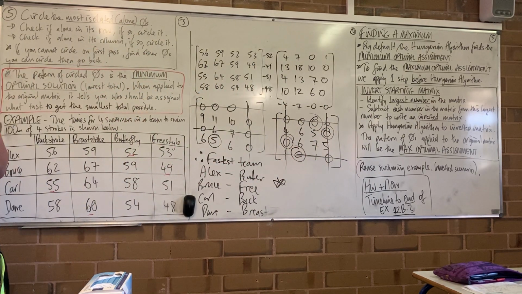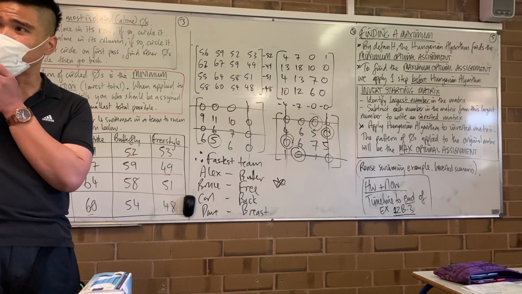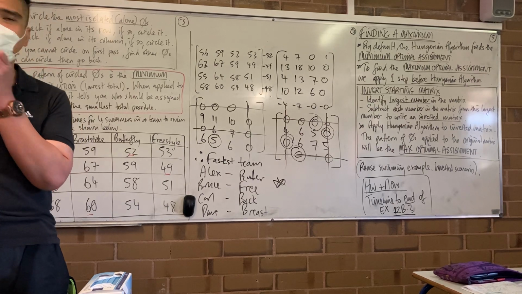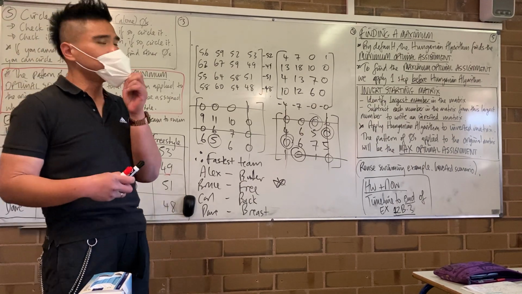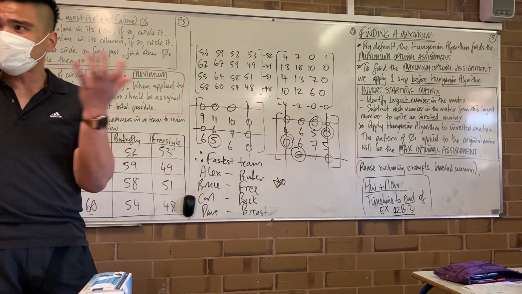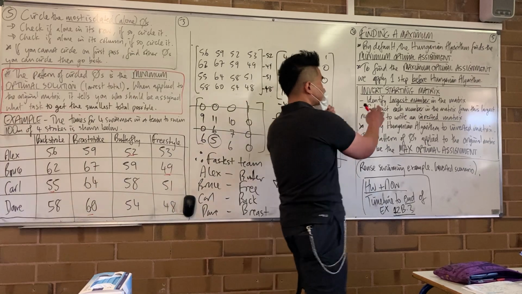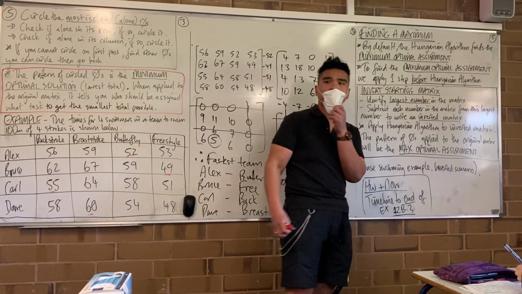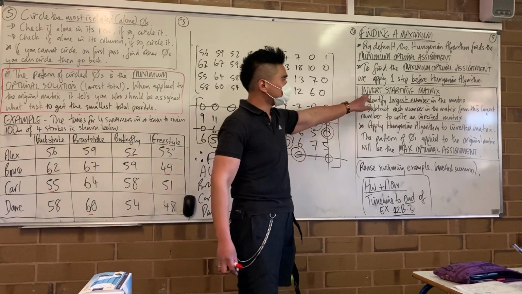All right, so when you do Hungarian algorithm, it finds you the smallest total. So you're finding the minimum. You're going to have questions in your exam and in your test to find the maximum. So I haven't given you a tool for that. Literally, to find the maximum assignment, you do one extra step. You invert the starting matrix.